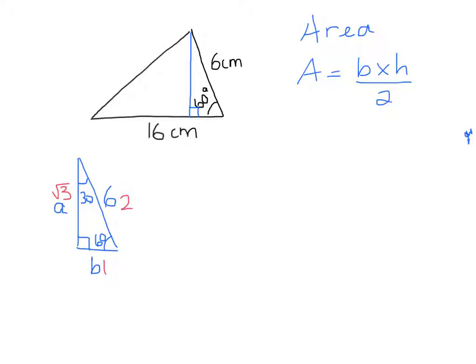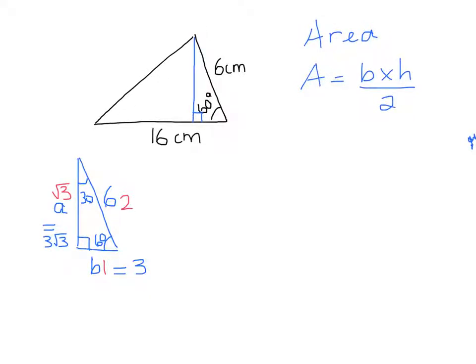So that means that B will be 3. 1 times 3 is 3. And that means A will be 3 times root 3. Okay, so now we've got the perpendicular height of our initial triangle. It is 3 root 3.